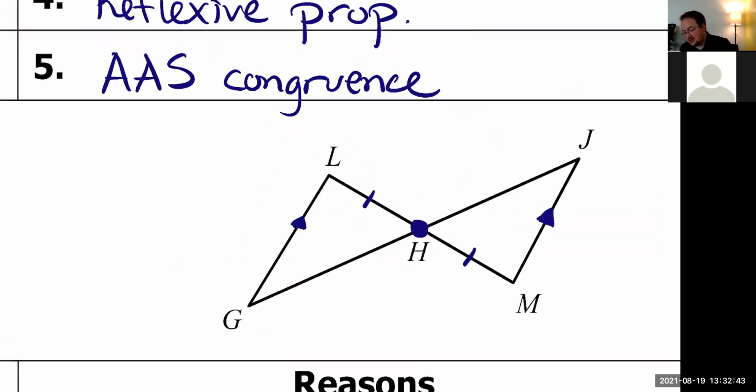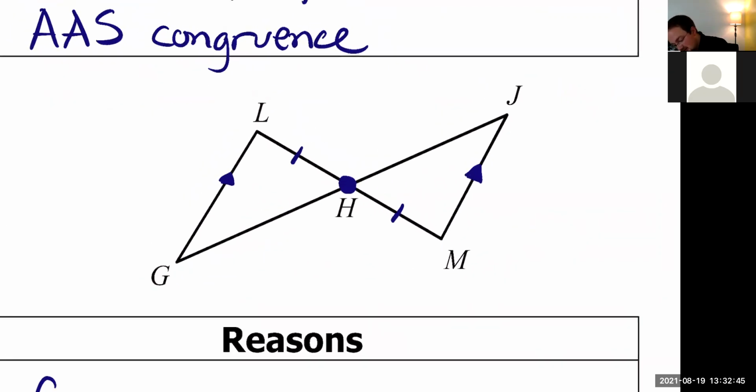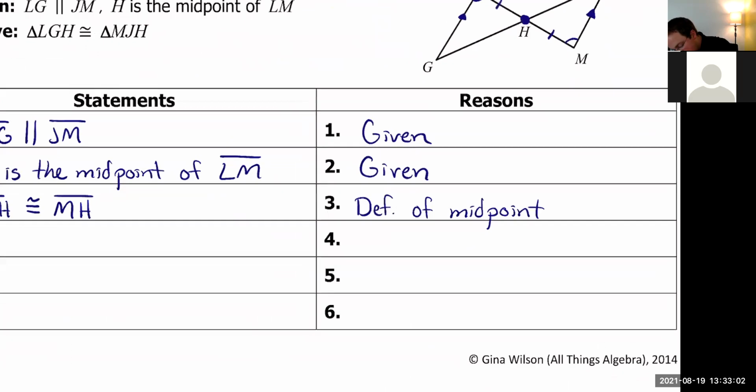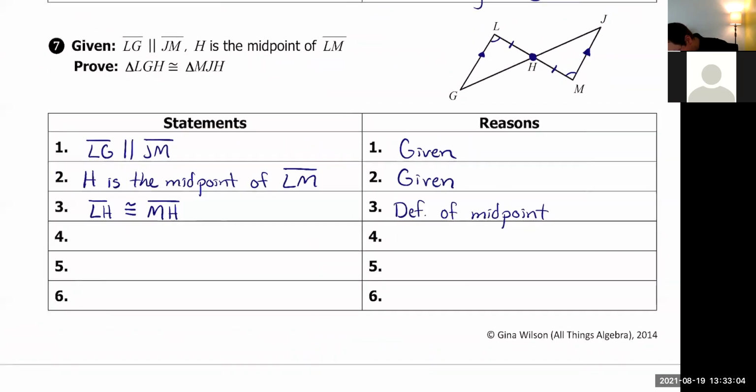Are they interior or exterior? They are interior. Exterior would mean they're outside those two parallel lines. These are between them. Yep. And you said that's because they're alternate interior? Yes. Okay. So angle L is congruent to angle M because they are alternate interior angles.